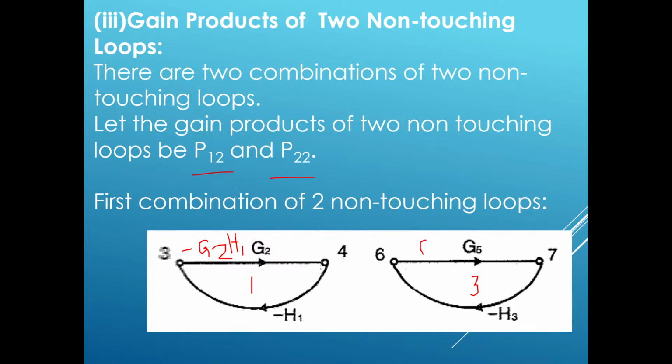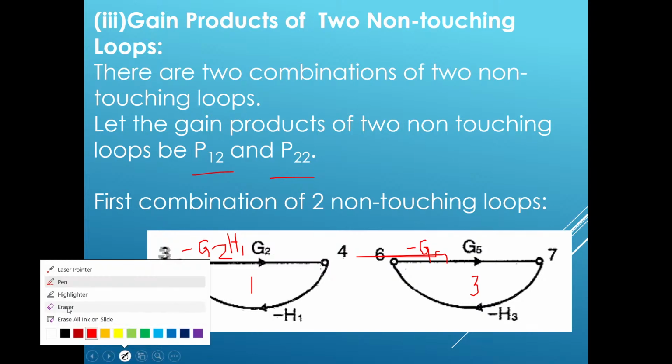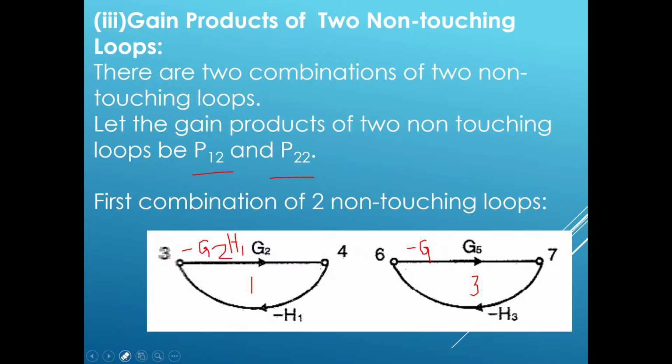It was G5 into minus H3, so minus G5 H3. So we have minus G2 H1 and minus G5 H3.